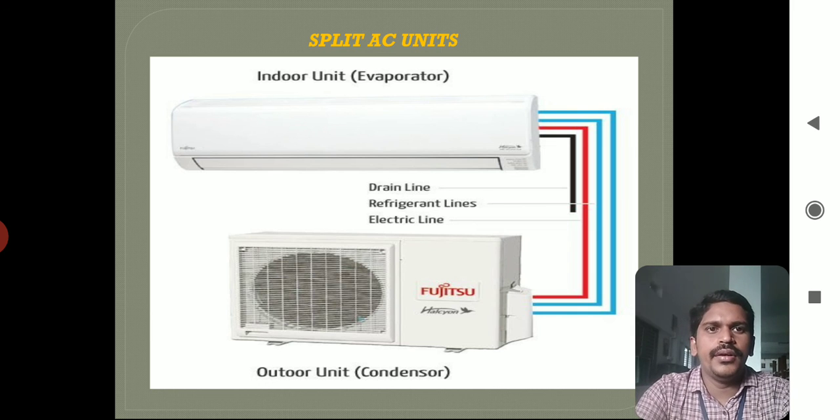The indoor unit is named the evaporator and the outdoor unit is named the condenser. These are the two different units we use in a split air conditioning system. The indoor unit and outdoor unit are connected by drain line, refrigerant lines and electric lines also.